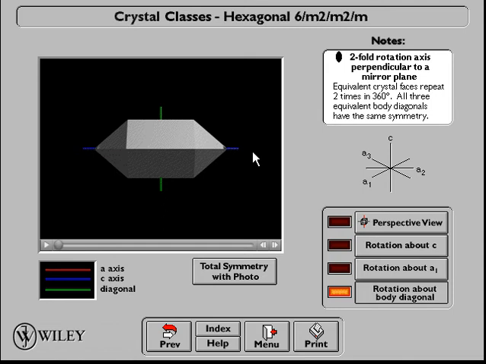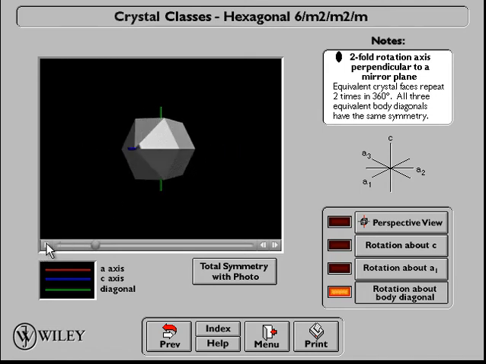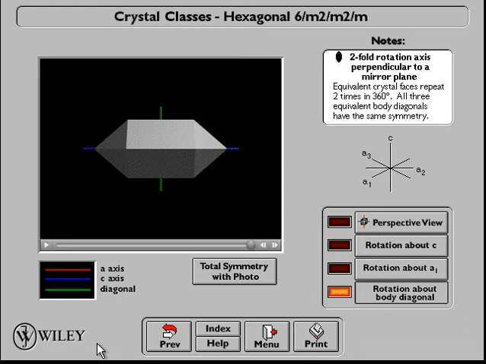All 3 equivalent body diagonals have the same symmetry. And here we have the proof. So that was an example for the hexagonal crystal symmetry with the crystal class 6 over m, 2 over m, 2 over m.